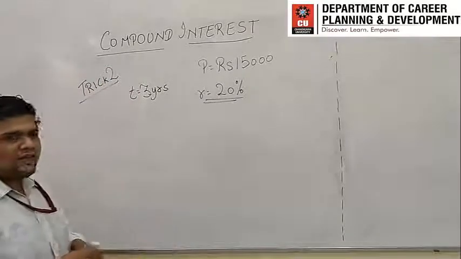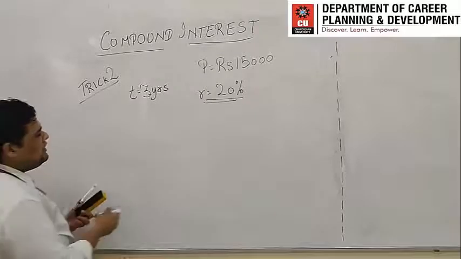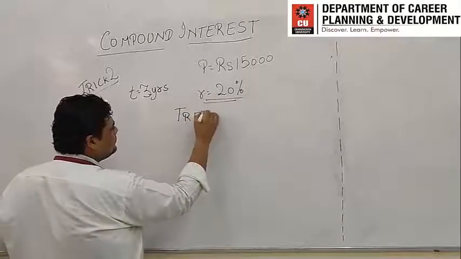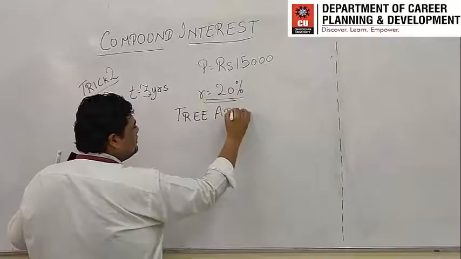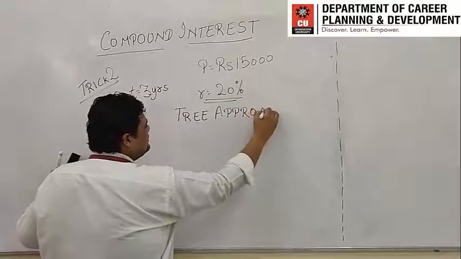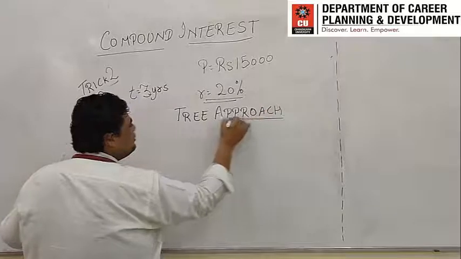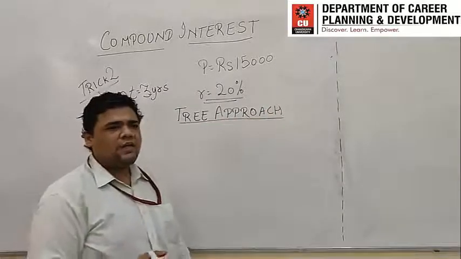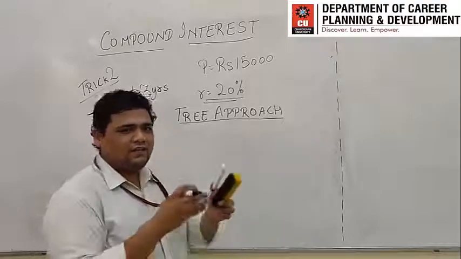Now see, in the second trick, we will have our tree approach. We are using the tree approach to solve our second trick. As you see in a tree, there are various stems.